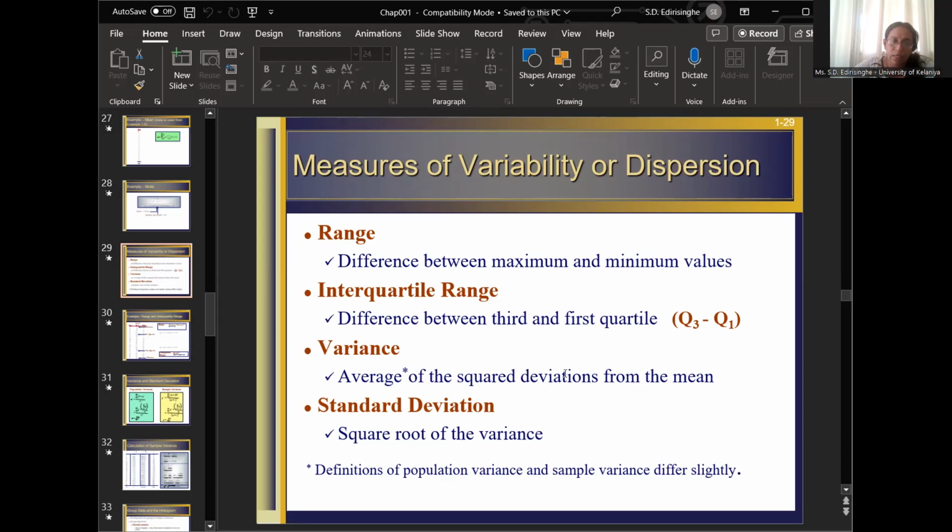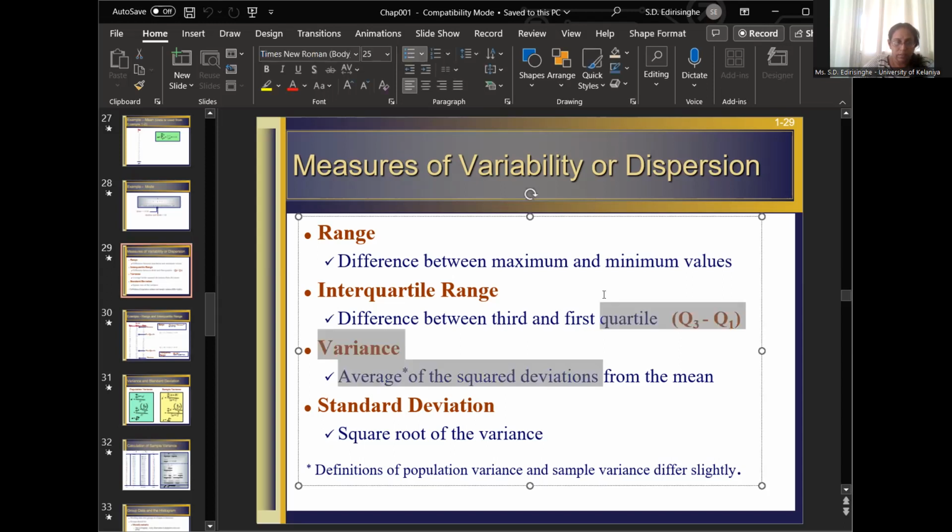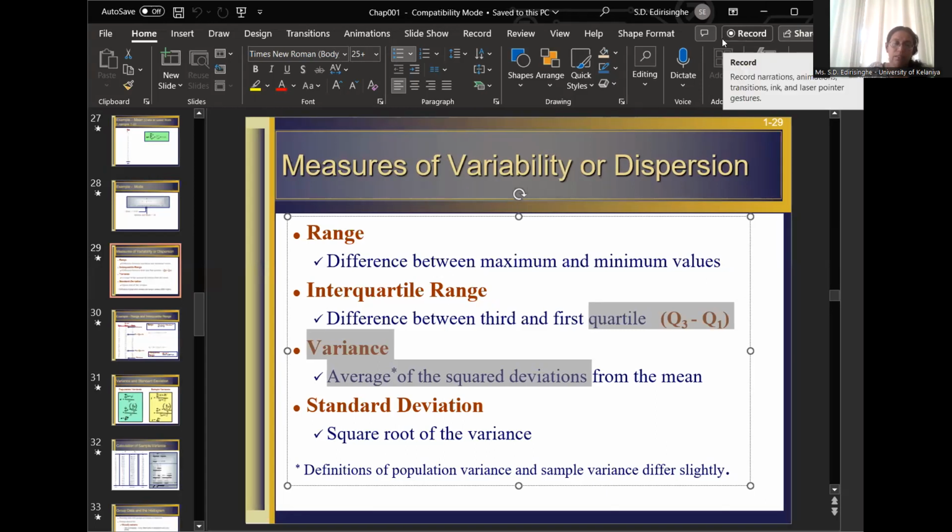And what is the interquartile range? That is Q3 minus Q1. So you are familiar with what Q3 and Q1 are. Q3 is the third quartile, Q1 is the first quartile.